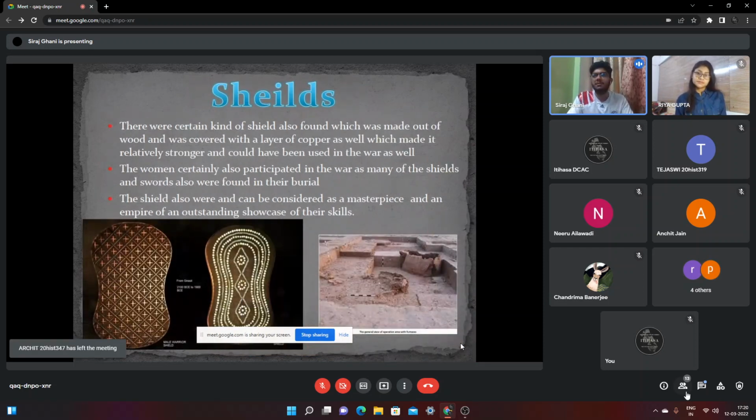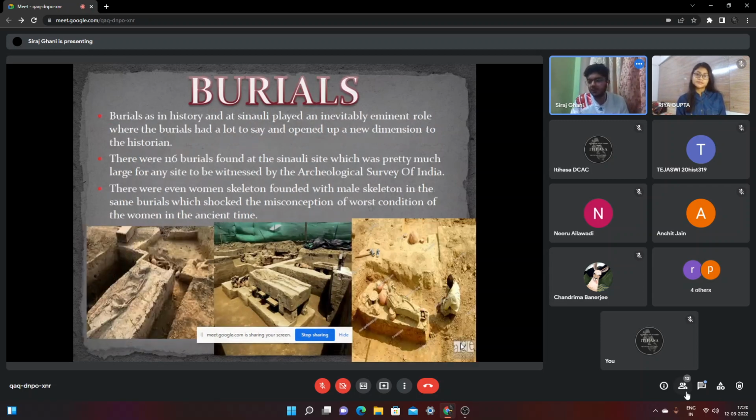There were three kinds of burials majorly found. First, the symbolic burials, wherein there was no skeleton in the burial, only the ornaments or the tools or the objects which were used by the population of Sinoli were put in.